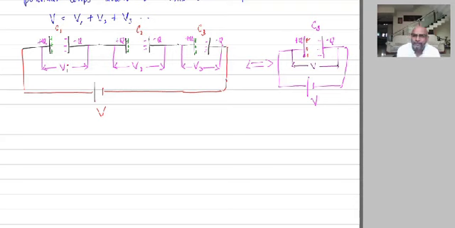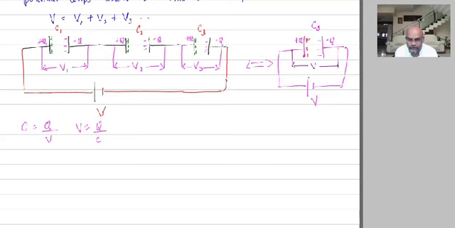We know that according to the definition of the capacitance, C is equal to Q divided by V. So C is equal to charge divided by potential, or potential is equal to Q divided by C. We know this one.